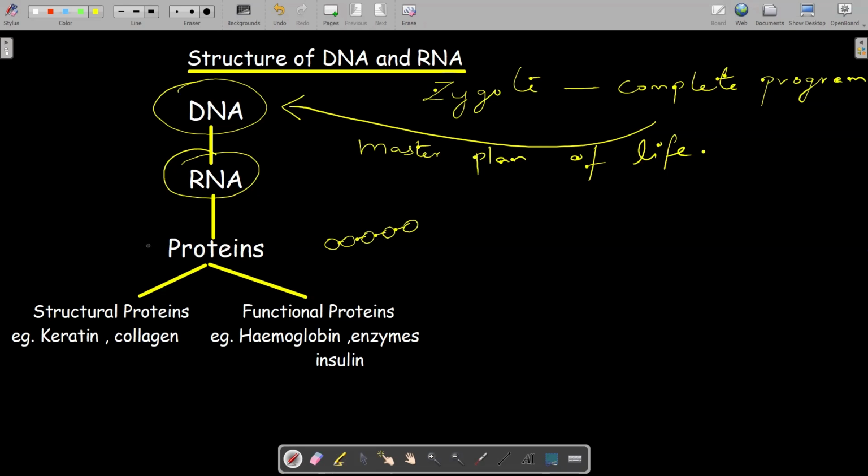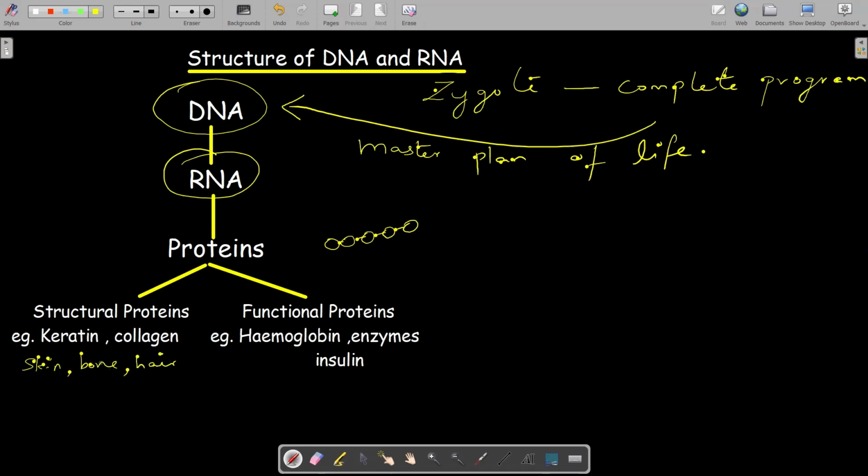Proteins are of many types, like structural proteins and functional proteins. Structural proteins make structures like skin, bone, hair.